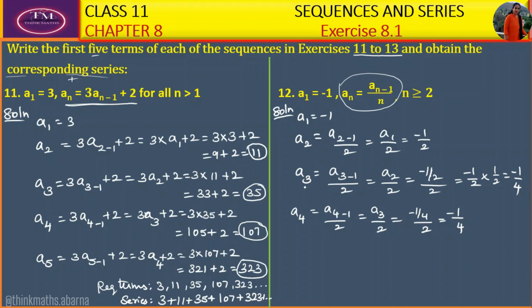So for a3, here you have n, so you should get 3 here. So a3 minus 1 by 3. So a2 by 3. So minus 1 by 2 into 1 by 3. So it is minus 1 by 6. Okay, this is minus 1 by 6. Next, a4 is equal to a4 minus 1 by 4.